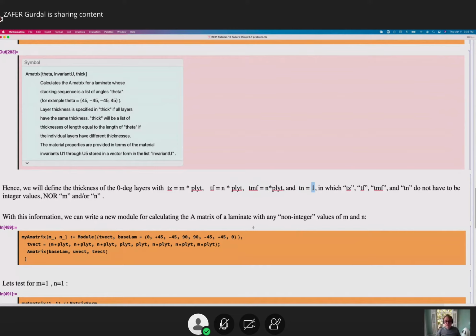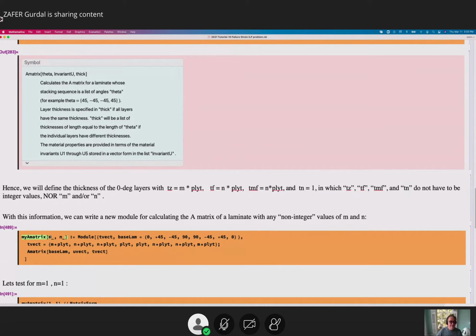Now, I have even more freedom. These T0, T45, T minus 45 and T90 don't even have to be integer values. So I write another function. A matrix call is now a function named my A matrix.